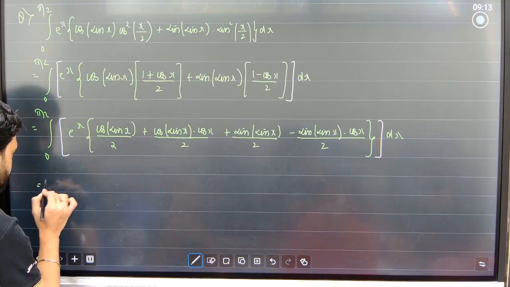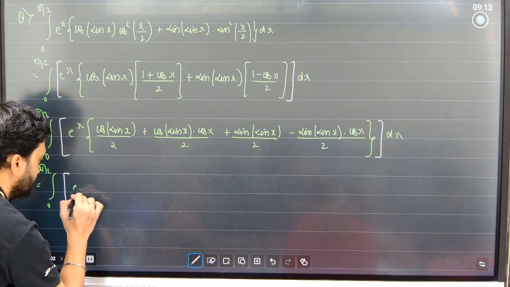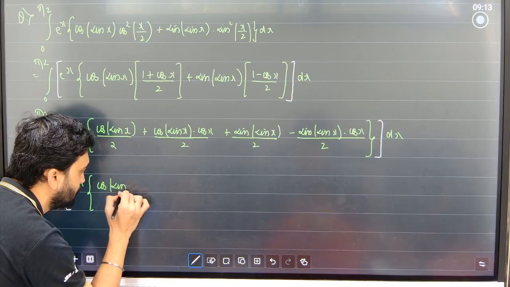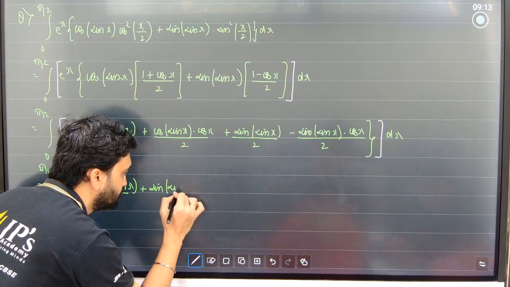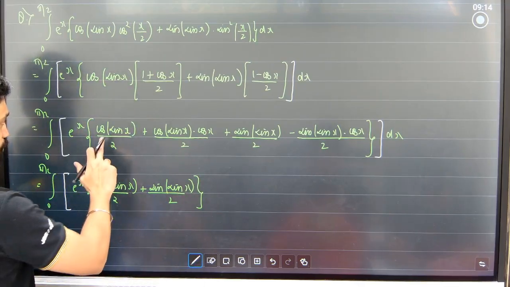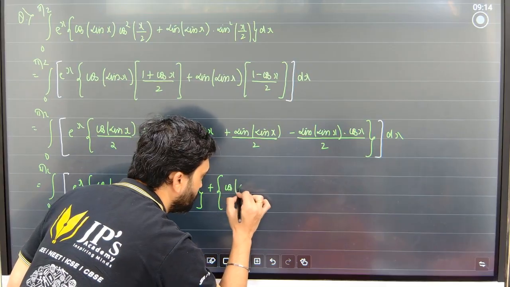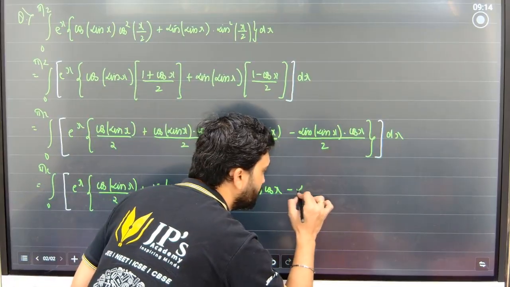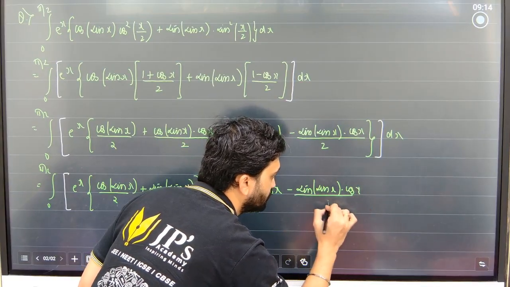Say this, 0 to pi by 2 e raised to x cos of sin x by 2 plus sin of sin x by 2, plus cos of sin x by 2 into cos x minus sin of sin x into cos x by 2.